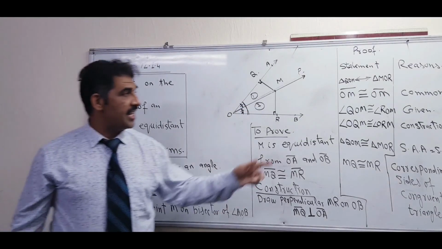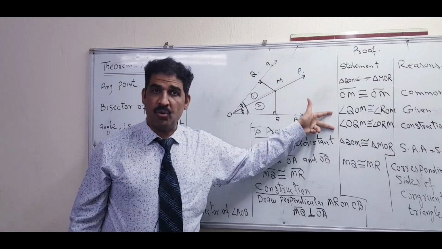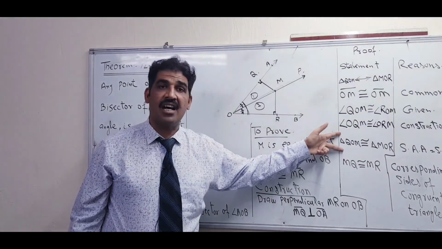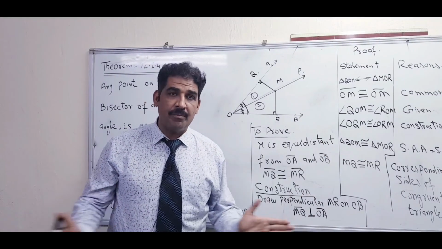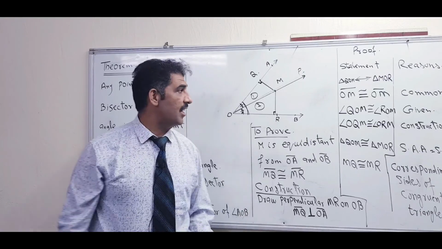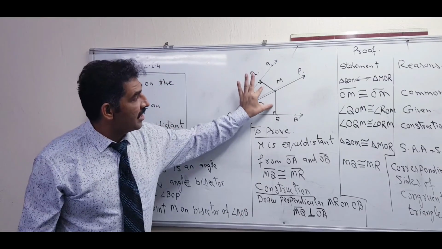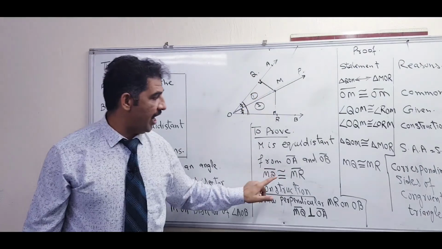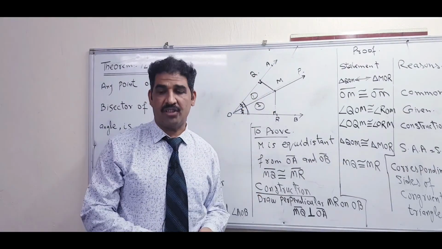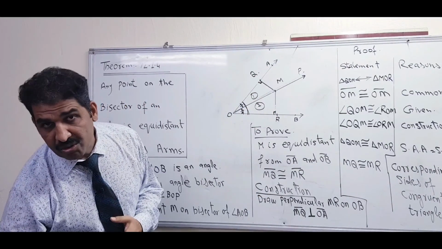Then one side and two angles are congruent, so triangles are congruent. It means that both triangles are the same, so the corresponding sides are also congruent, which we have to prove as the result. In such a way our theorem is finished, and chapter number 12 is also finished.